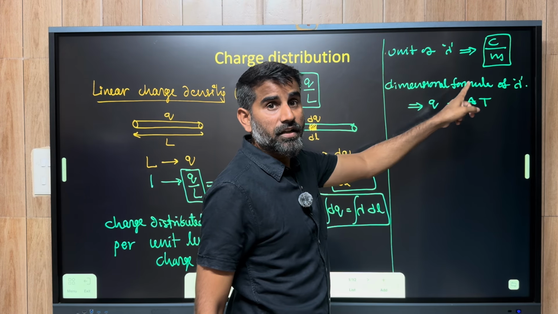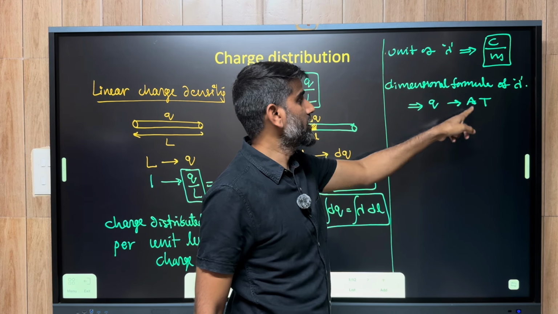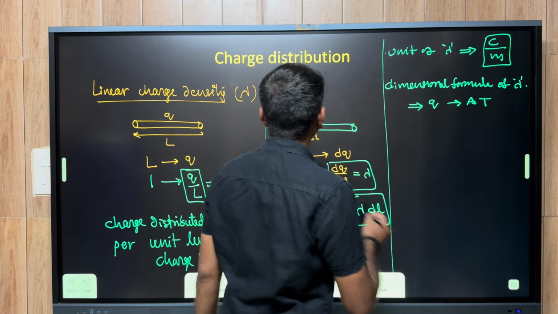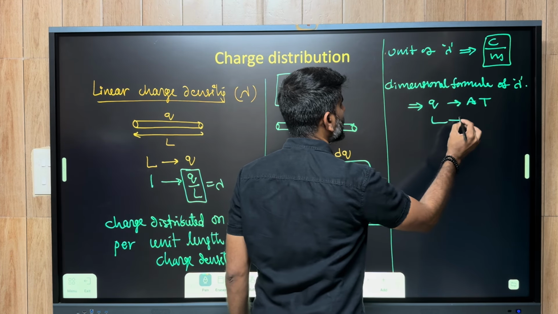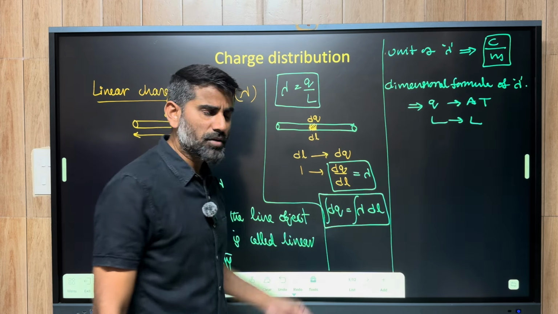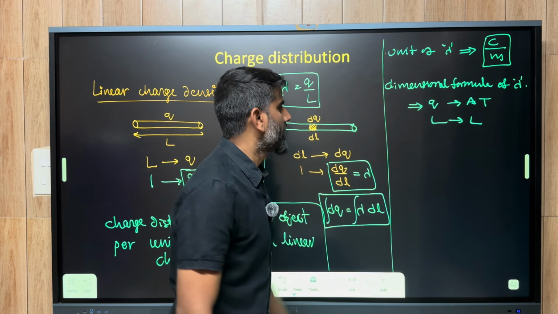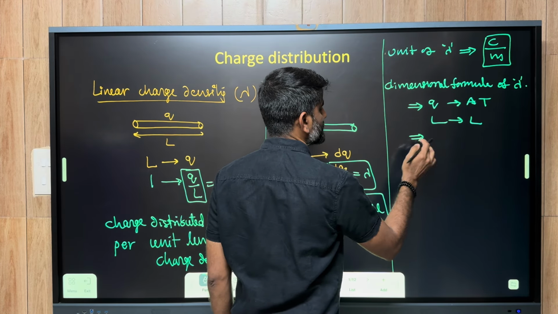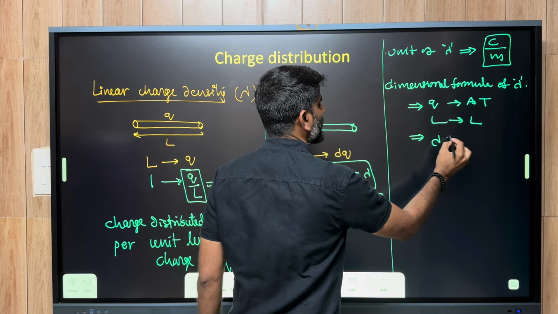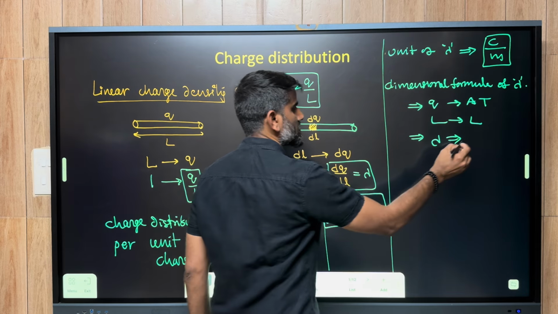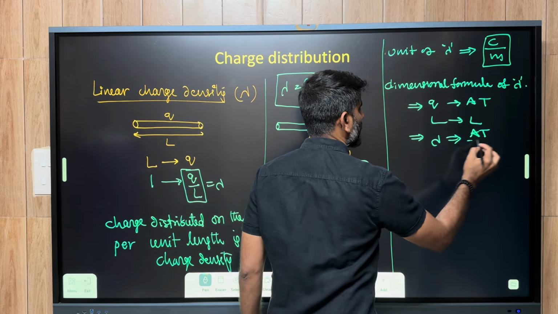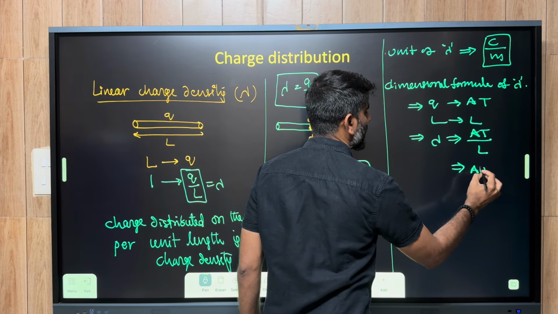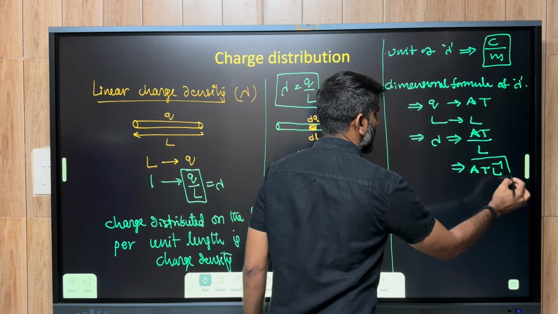A is the dimensional representation of current, T is the dimensional representation of time. The dimensional formula for length is L. Now the dimensional formula of lambda is the charge's dimensional formula AT divided by the length's dimensional formula L, which turns out to be ATL^-1.